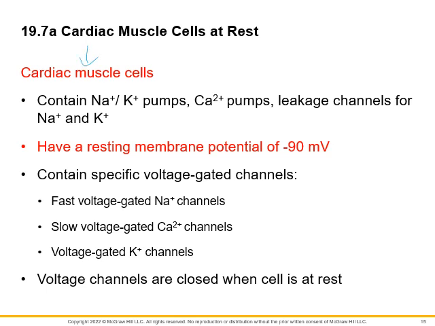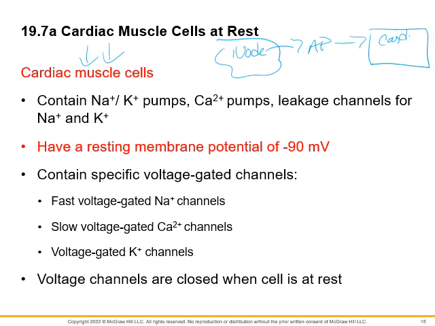They're now talking about the actual cardiac muscle cells. It's kind of like, here's the node. This node is going to generate an action potential. That action potential is going to spread to the actual cardiac muscles that are going to do the contracting, right? These are the ones that are actually going to contract.